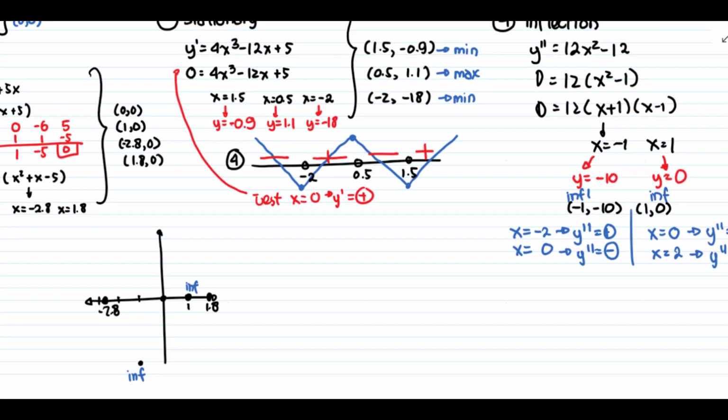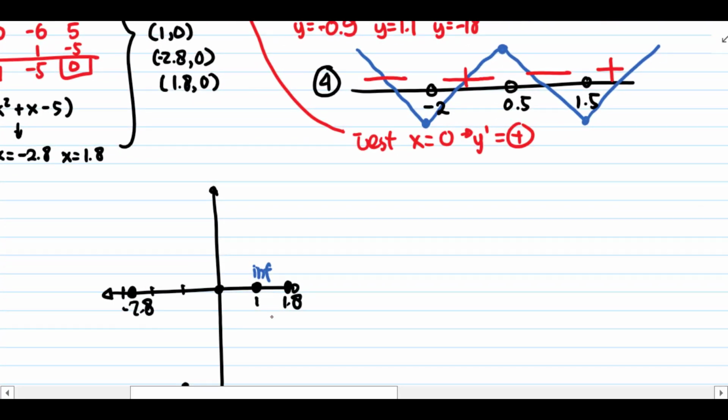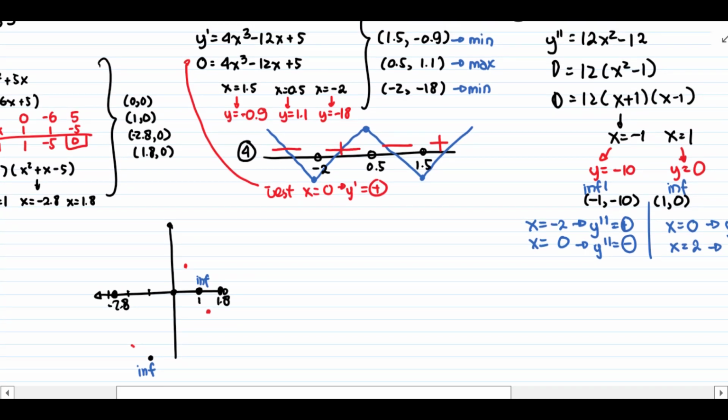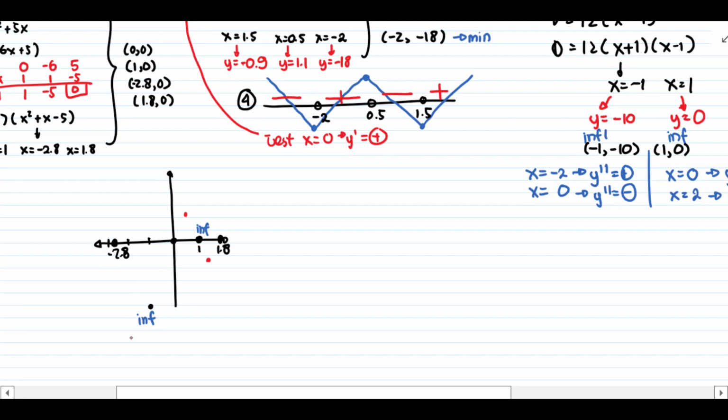So we have (1.5, negative 0.9), (0.5, 1.1), and (negative 2, negative 18).